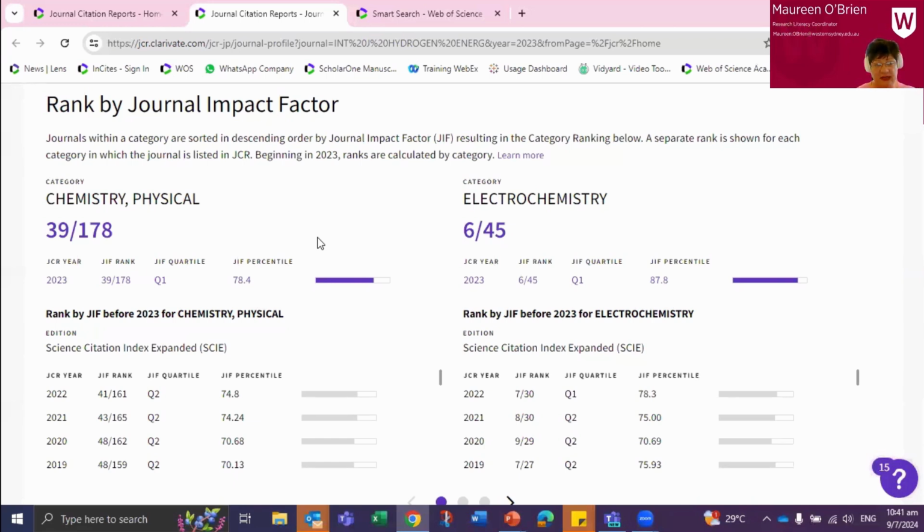Say, for example, if someone's going for not an NHMRC but an ARC grant, or if you're wanting to talk about journal selections, quality within an academic promotion, rather than mention Q1 journals, because these are both Q1s, sorry, this is a Q1 but over 2 subject areas, I would then go by the rank.